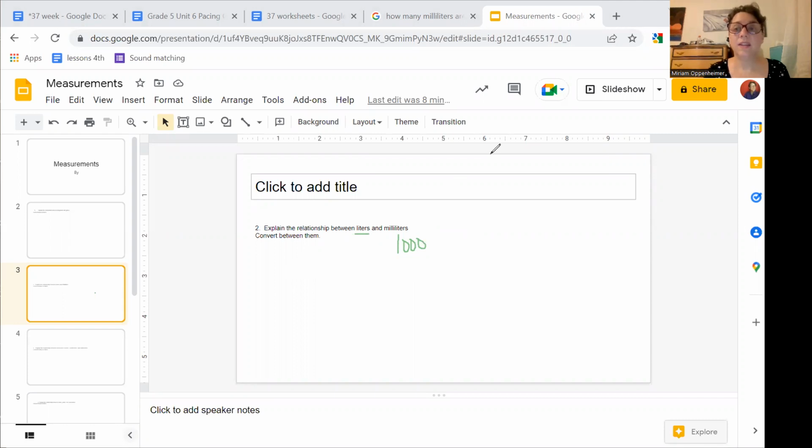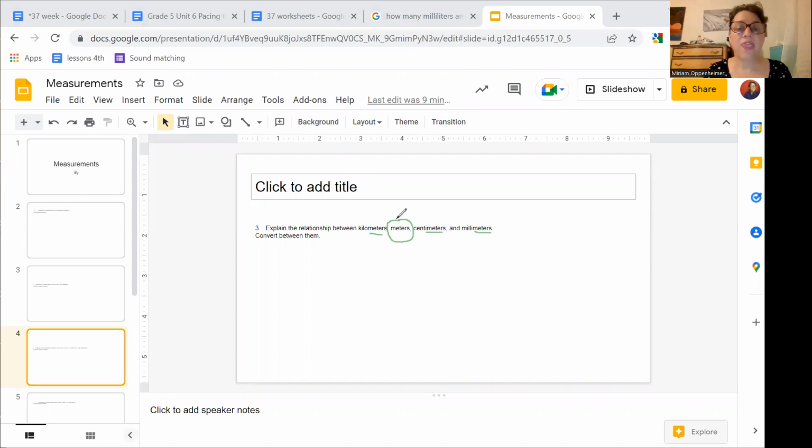Okay, and in the next one, number 4, you explain the relationship between kilometers, centimeters, and meters. So the main one is called meters. That's why it says kilometers, centimeters, millimeters, right? Meters is the main one.